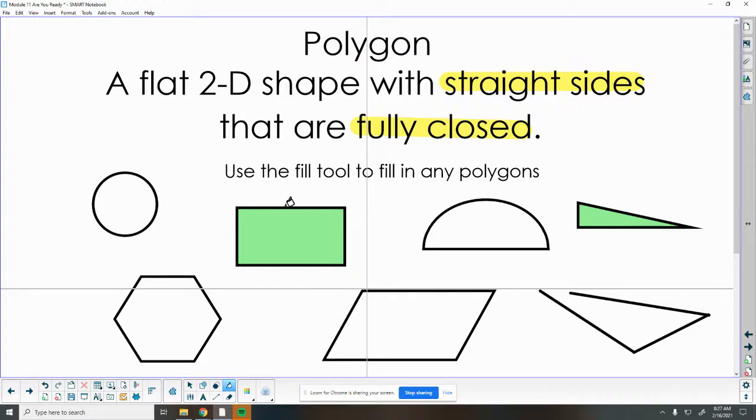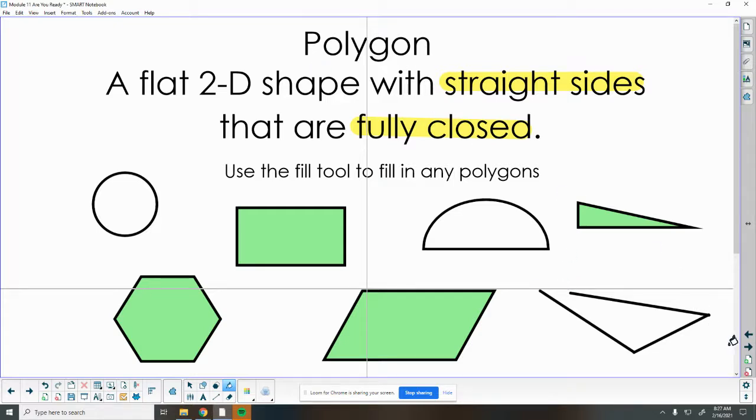So this, right, is a rectangle. This one's a triangle. Both of these are also polygons. They have better names, rectangles, triangles, but they are polygons. So polygon, straight and closed, and straight and closed. This is a polygon. And notice this one is not closed in, so it is not a polygon.